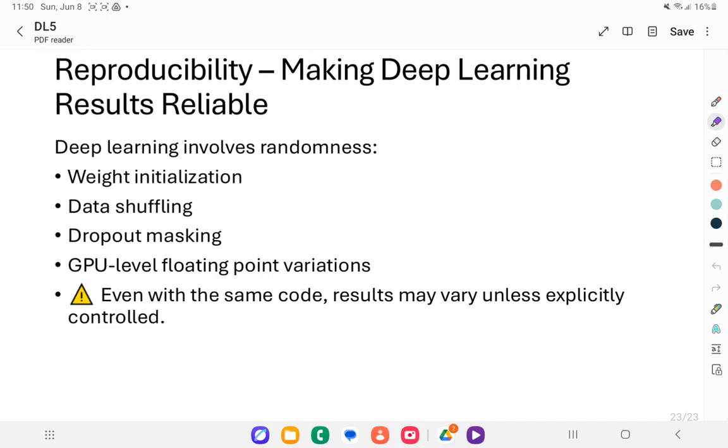To get reliable experiments, you must fix the random seeds for all the libraries you're using, in TensorFlow, in NumPy, even Python's random module. But even that might not fully eliminate differences on GPUs, due to precision and parallelism.